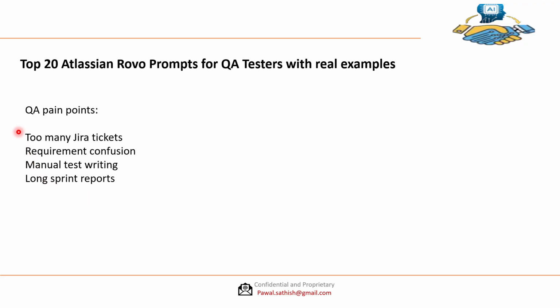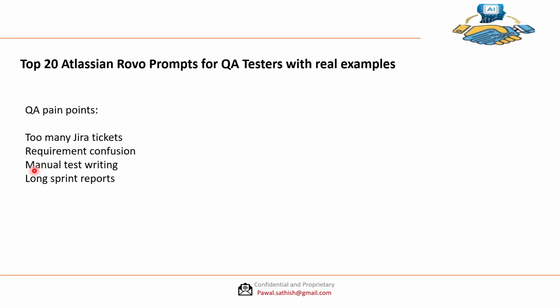I already identified some of the QA pain points. We have too many Jira tickets, and when we search for something we get a lot of output, and going through each and every ticket is very time consuming. Requirements are confusing or complicated.